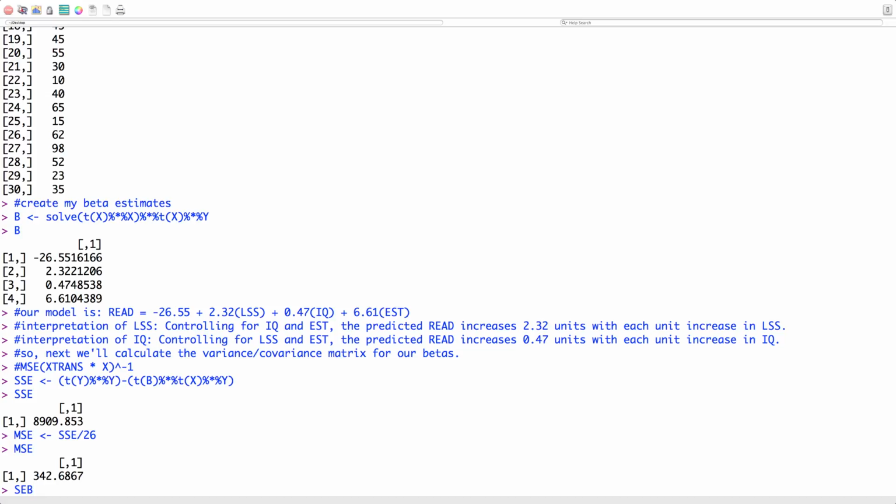So my standard error for my betas is going to be the mean square error times, now I want to put this in, so I need solve transpose x, shoot, is that right? Yes.